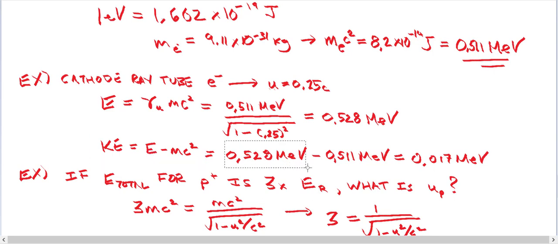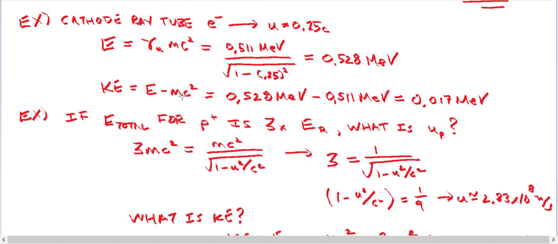So the total energy is 0.528 mega electron volts minus the rest energy. The kinetic energy is then 0.017 mega electron volts. It's a quick way of getting to that solution. One of the reasons why those equations are so useful.